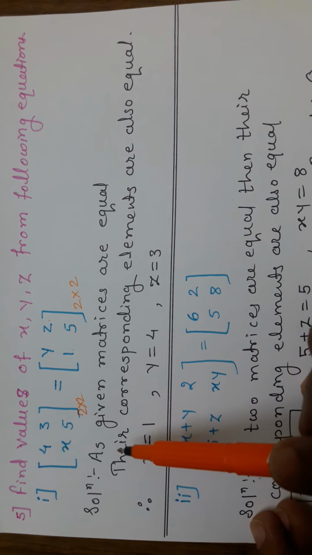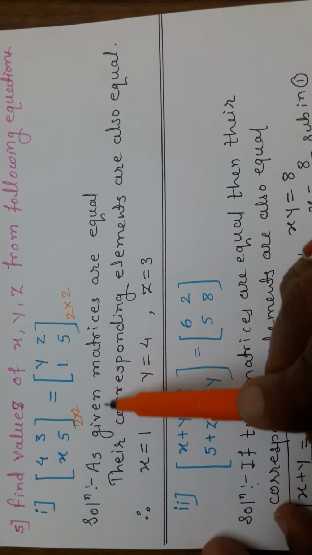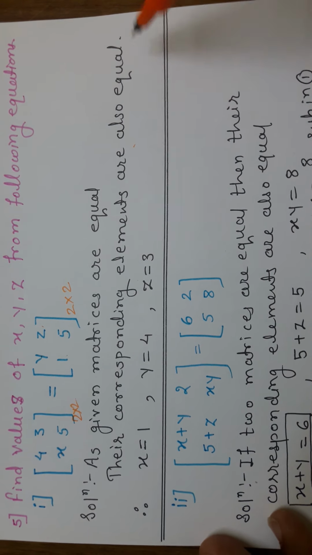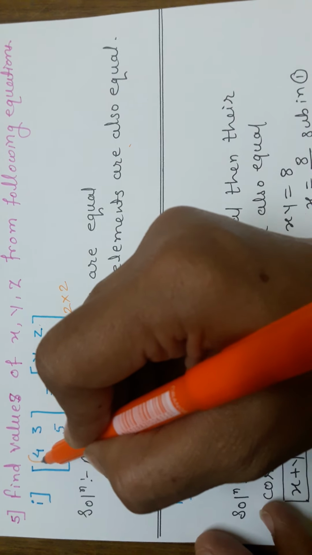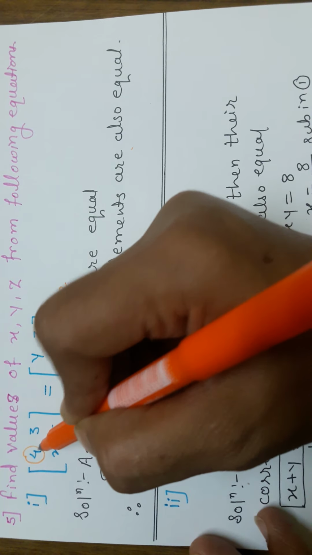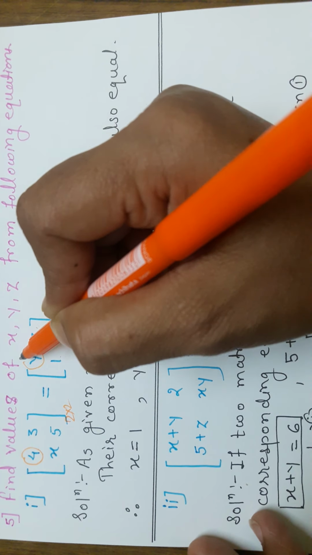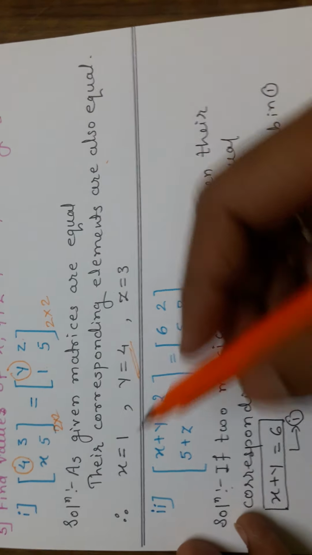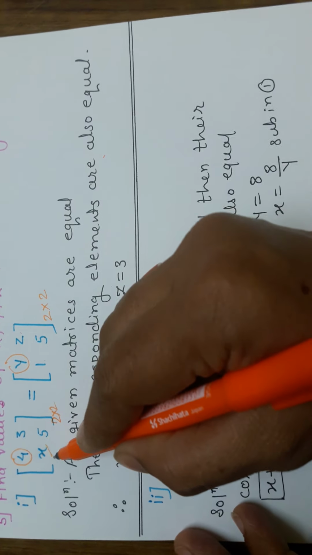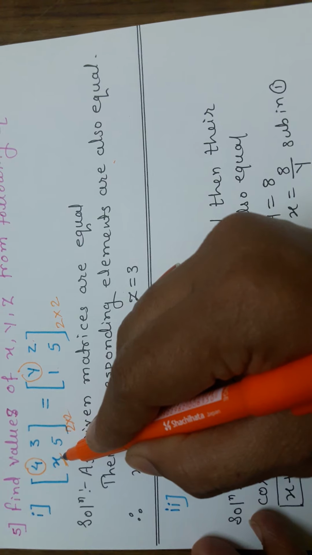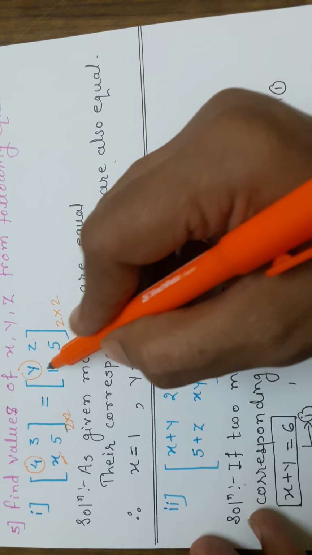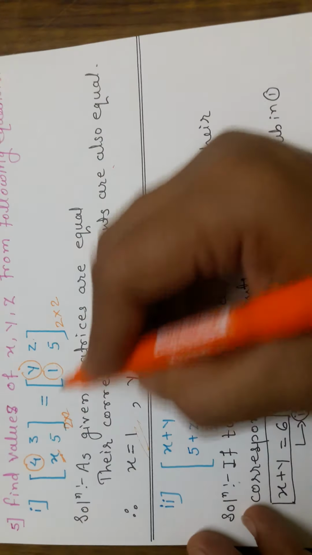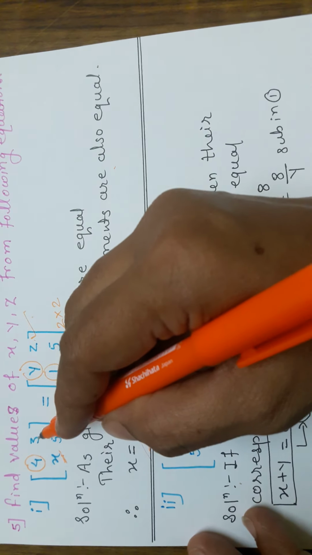As we already saw, if the given matrices are equal then their corresponding elements are also equal. This is the first row first column, so this is also first row first column. So we will get the value of y: y is equal to 4. Here x is the second row first column, so x is equal to 1. And then what is the value of z? z is equal to 3.